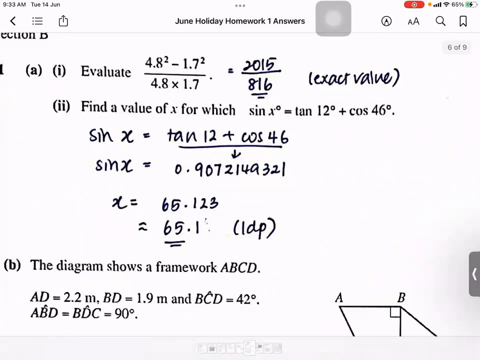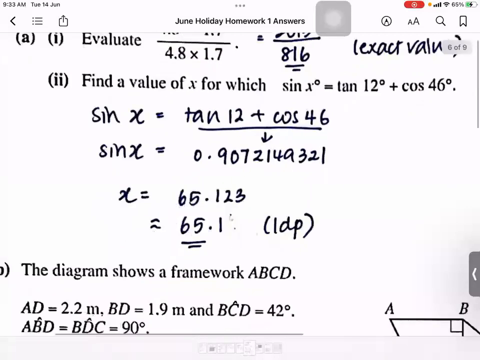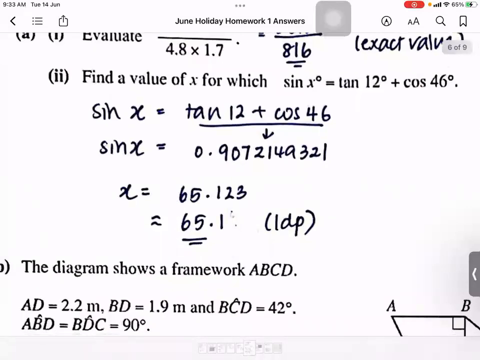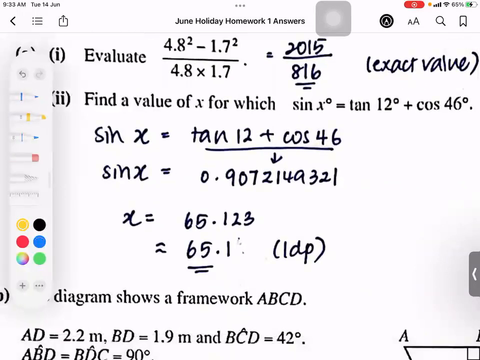Now, the next one for this question is just trying to make it difficult, actually nothing much. You just need to calculate this portion over here, tangent 12 plus cosine 46. Key it into your calculator. For me, I copy as many decimal places as possible so that it is as accurate as possible.